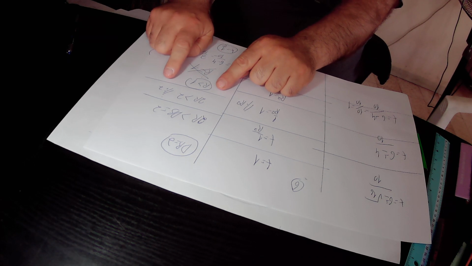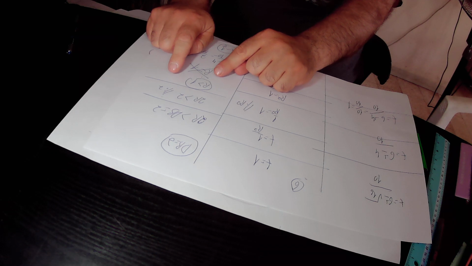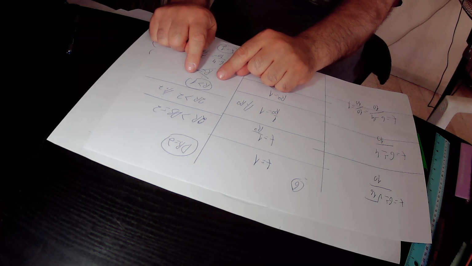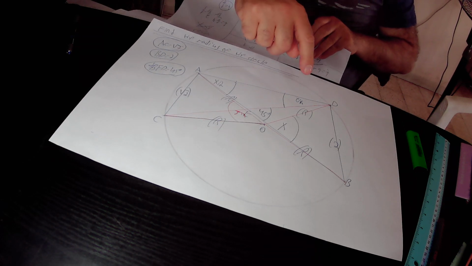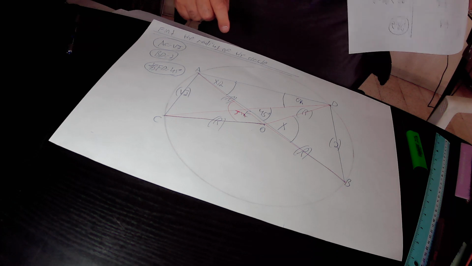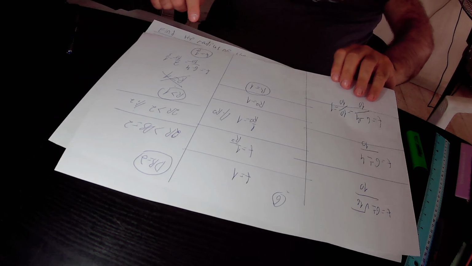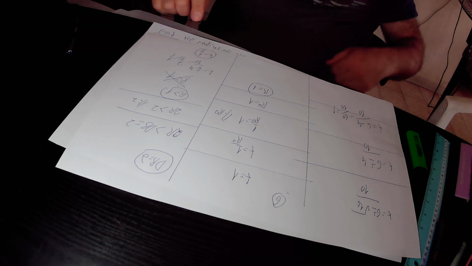We divide this inequality by 2, and 2r over 2 is r, and 2 over 2 is 1. So the radius r of this circle must be greater than 1, and therefore the radius cannot be equal to 1. So we cancel this possibility, and we are left only with the second solution for t.